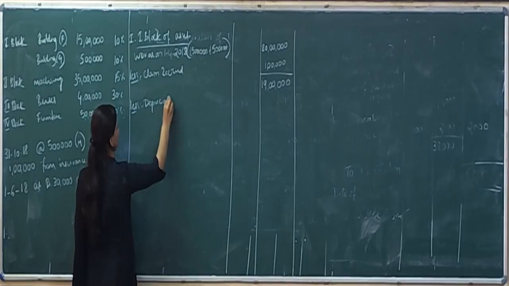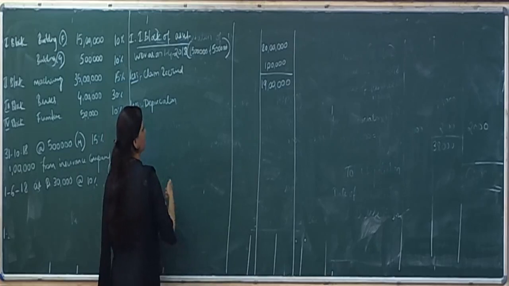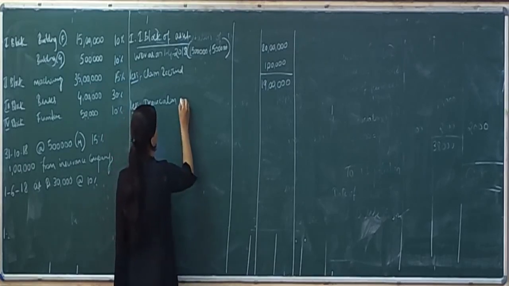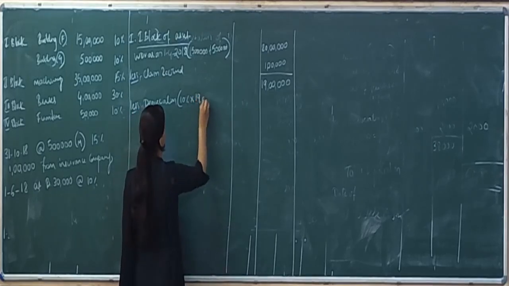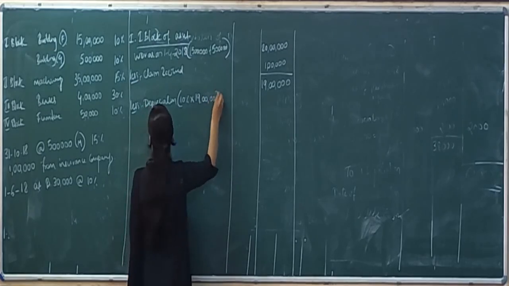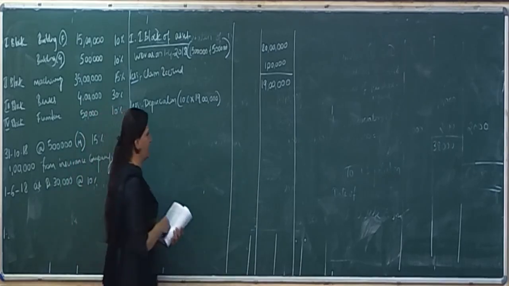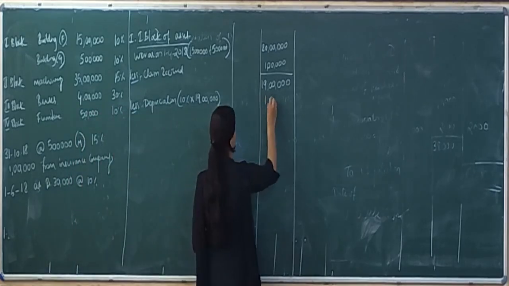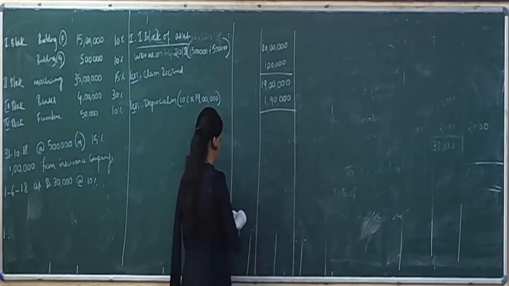So less depreciation, 15% of 19 lakhs. Okay, so that comes to 2,85,000.